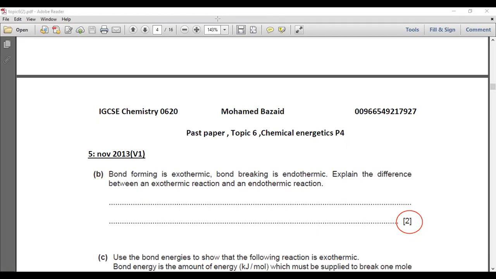What does it mean, exothermic reaction? What does it mean, endothermic reaction? Everyone start, please.